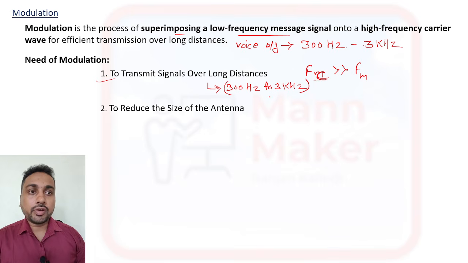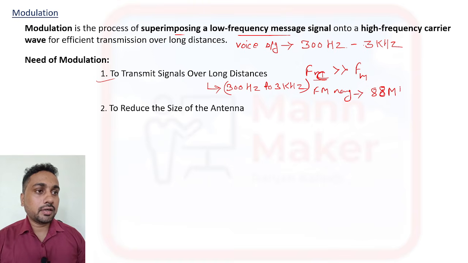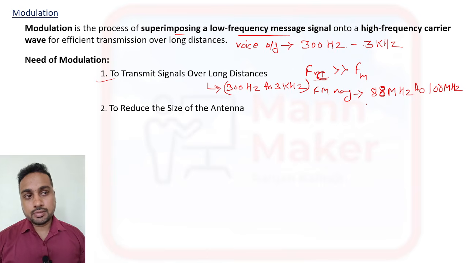Now if we talk about FM radio, the FM range is how much? It is 88 megahertz to 108 megahertz. I think you are listening to radio and all, so in that radio you will find this range, 88 to 108.